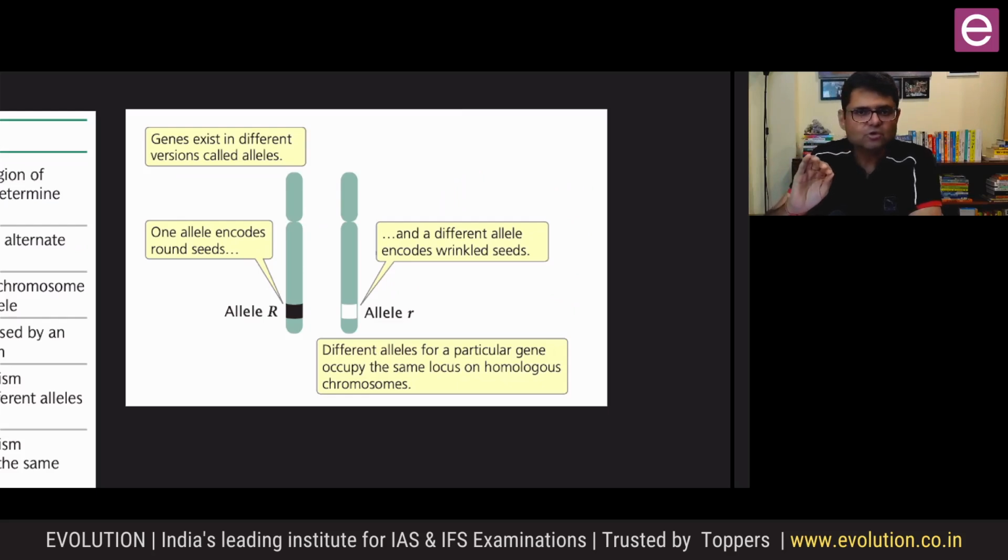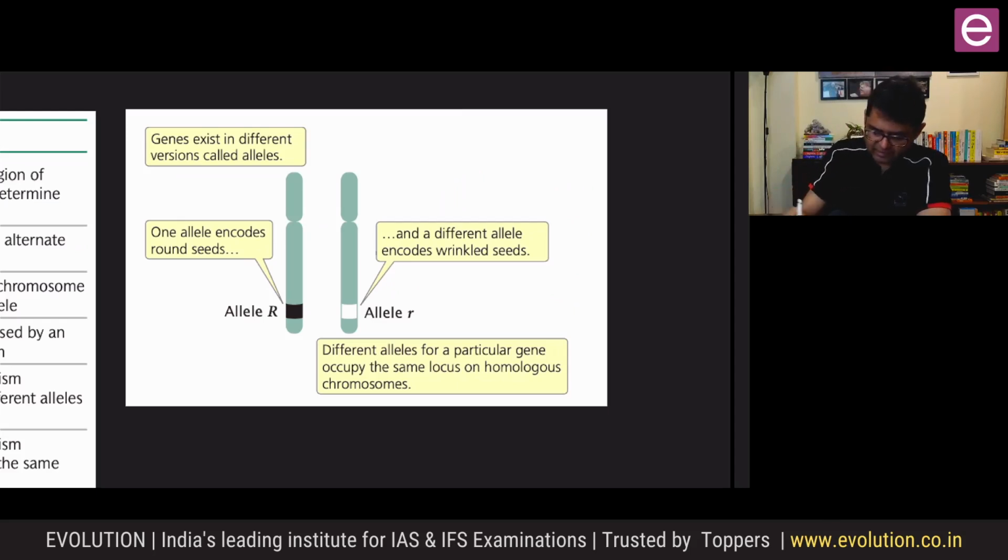But those 2 copies need not be identical alleles. If there is an identical allele present in the individual, both the copies are the same, that will be homozygous for that particular gene. And if the two alleles are different, then the person will be heterozygote for that particular gene, right?